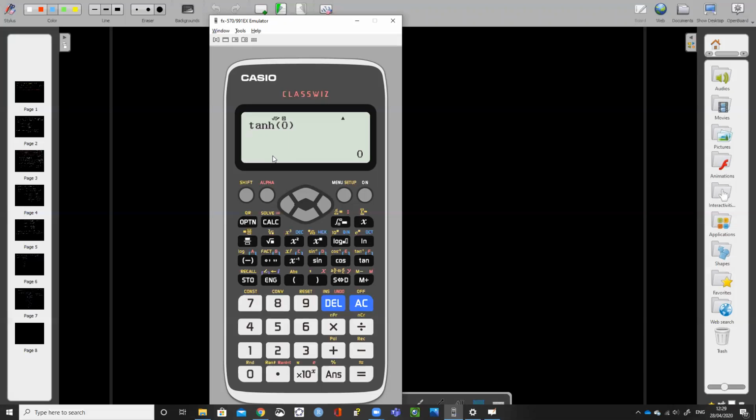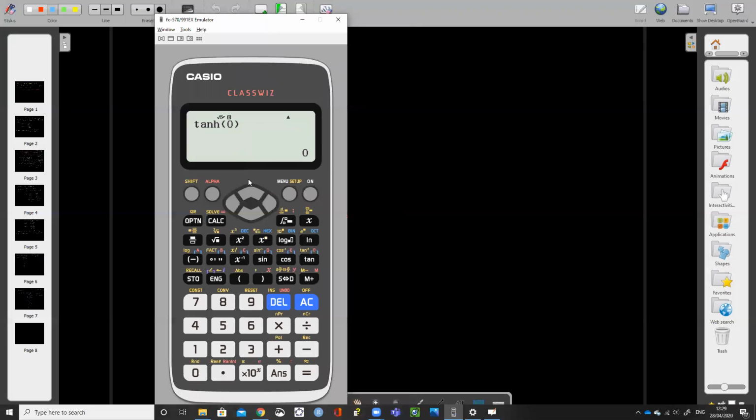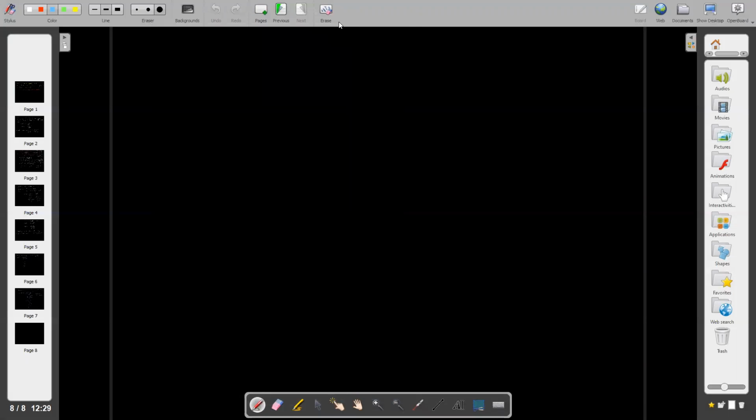There we go. So you can use your ClassWiz to work out the hyperbolic tangents. So I'm going to make a little note of that. Use your ClassWiz where possible. And I'm going to put this in red.